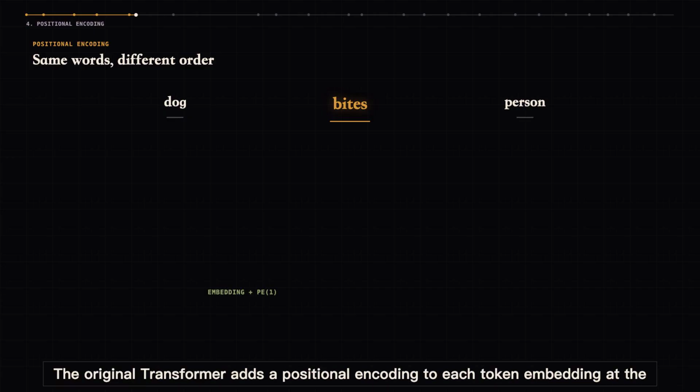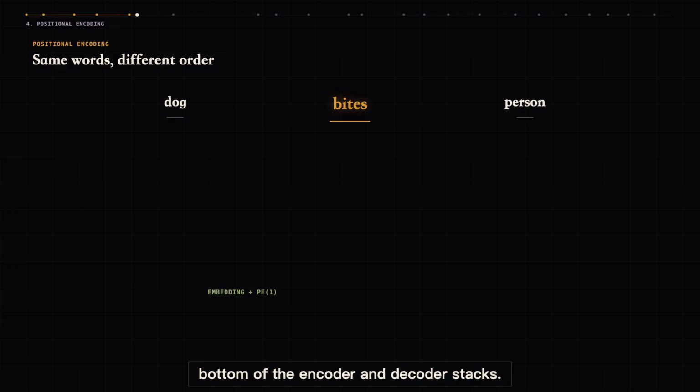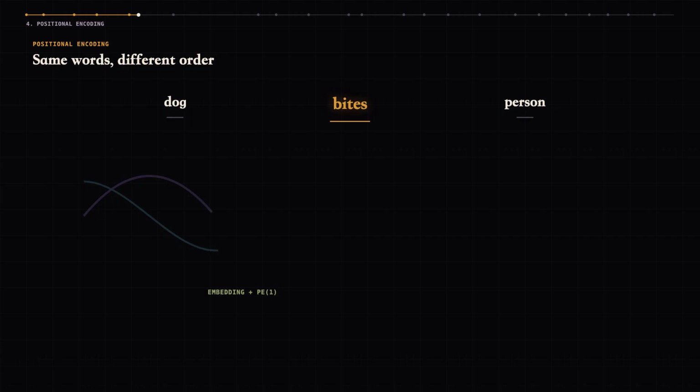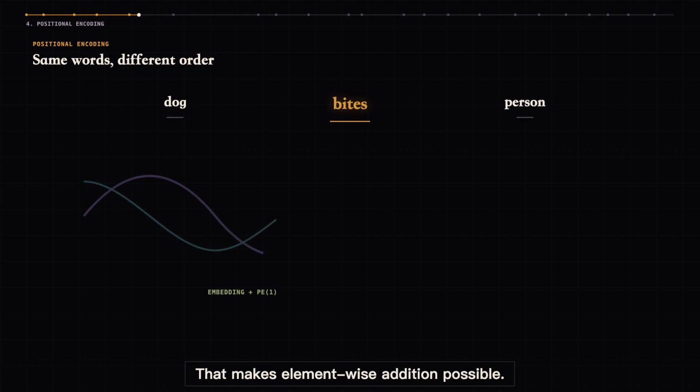The original transformer adds a positional encoding to each token embedding at the bottom of the encoder and decoder stacks. The positional encoding has the same width as the token vector, 512 values. That makes element-wise addition possible.